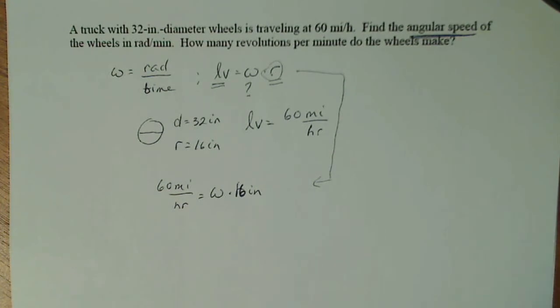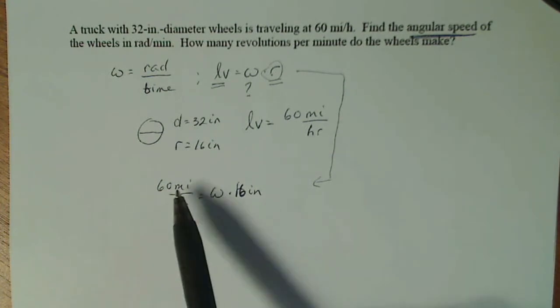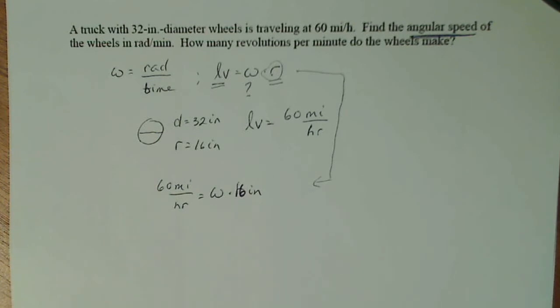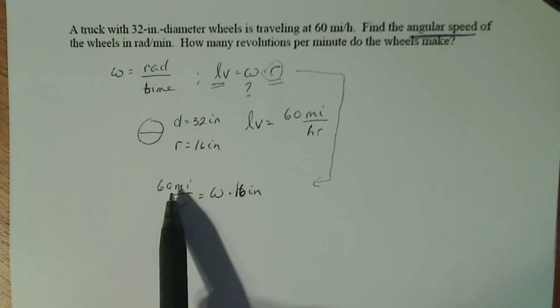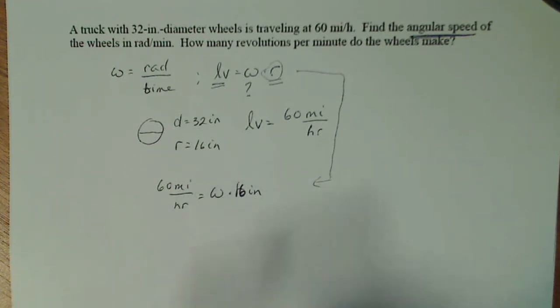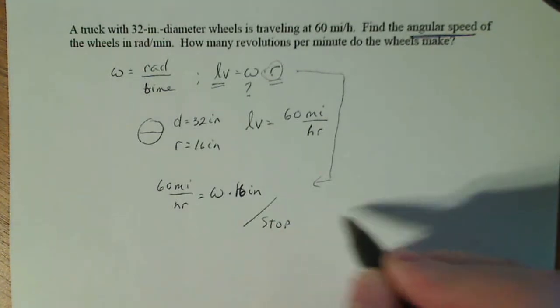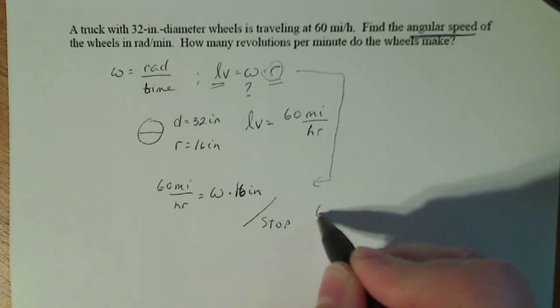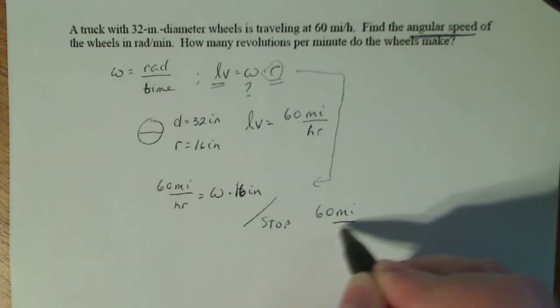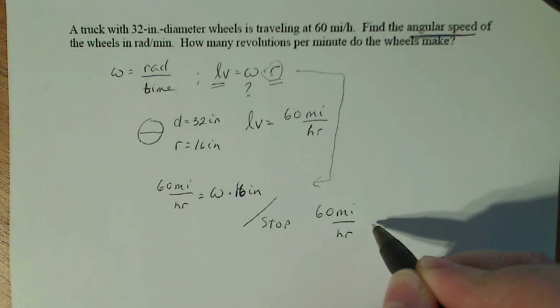Now, the only problem is this is in inches and this is in miles. So just going ahead and solving this for omega would be wrong. You want to convert one of these, either convert this to inches or convert this to miles. You got to do one or the other. I like taking miles and putting it in terms of inches because I'd rather use bigger numbers than smaller numbers. So I go off to the side and I want to convert 60 miles per hour to inches per hour.